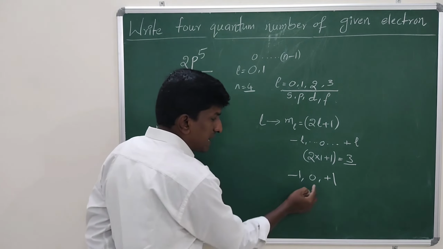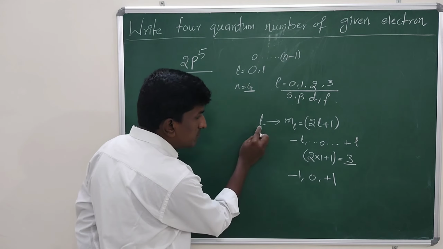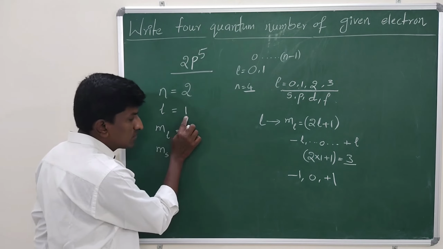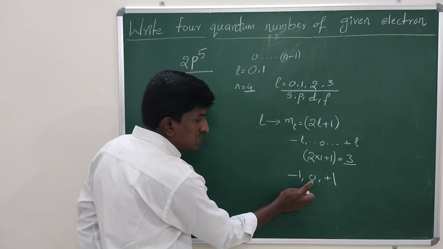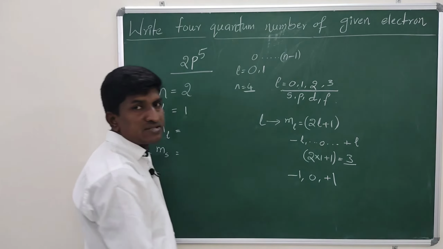Here a total of 3 magnetic quantum number values are there, starting from minus 1, 0, and ending with plus 1.